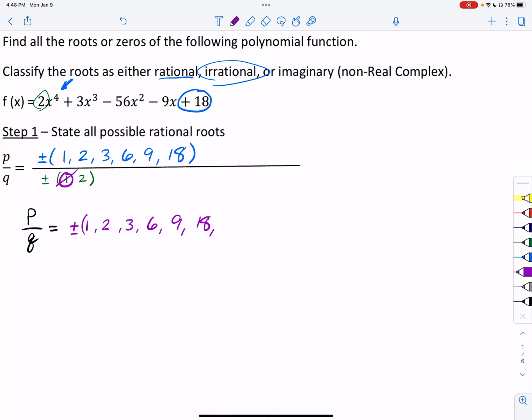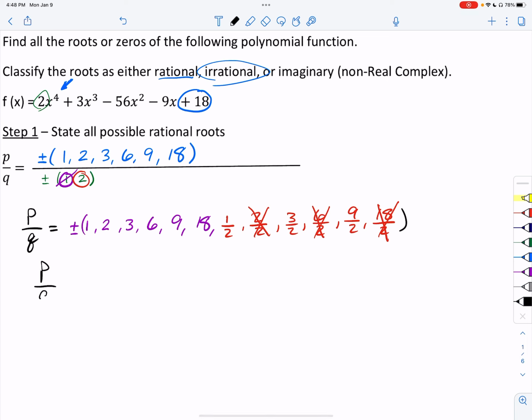And then the other one here, we'll divide everything by 2. So I'll get 1/2, 2 over 2, which is redundant, that's just 1, 3 over 2, 6 over 2, another repeat, that's just 3, 9 over 2, and last 18 over 2, which is just 9. We've already got that.